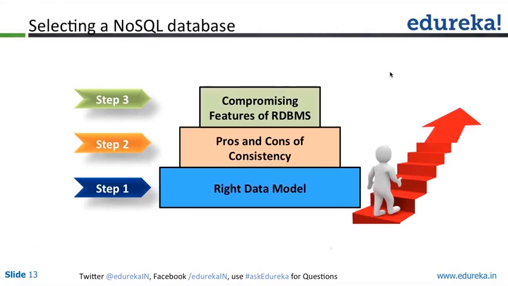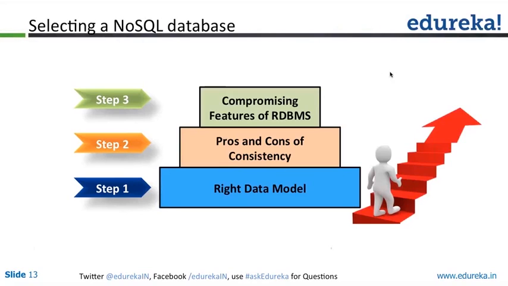So if I take, for example, a movie booking application, or a messenger kind of application, consistency is of primary importance to me. So I won't choose a NoSQL system where consistency is not a primary thing, but availability and partition tolerance are.